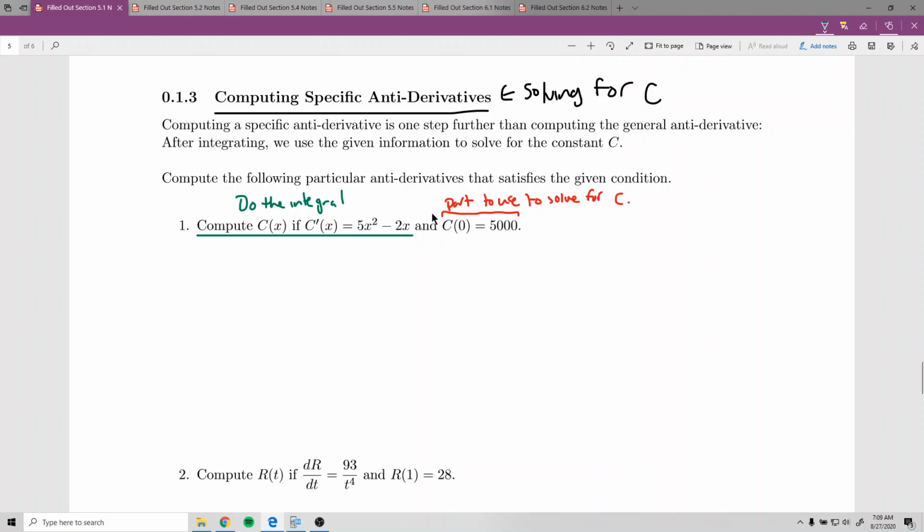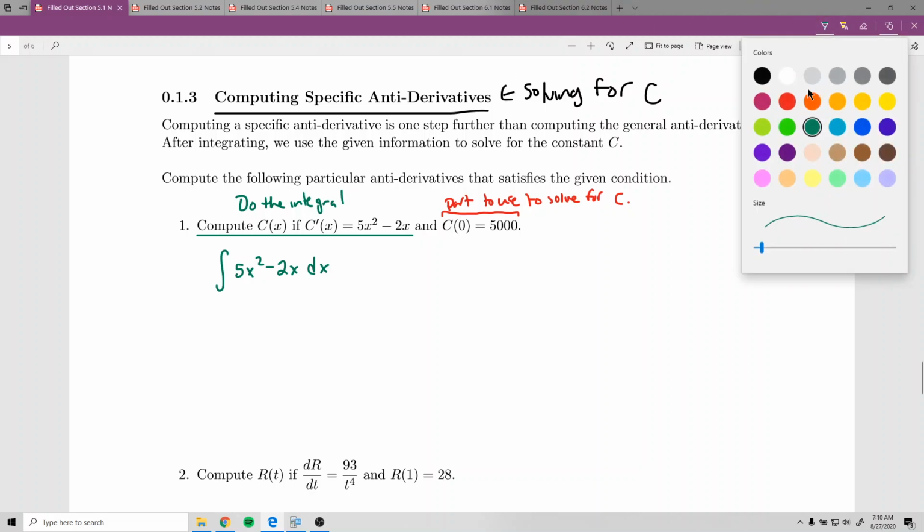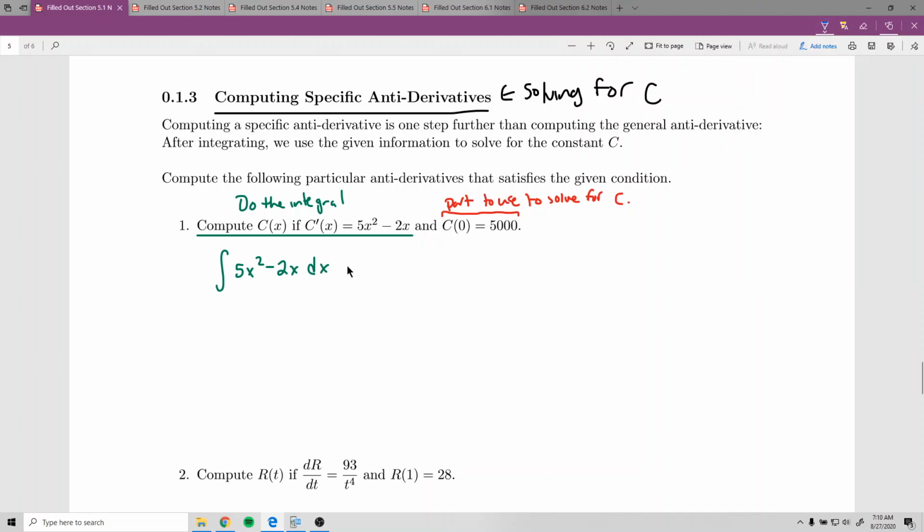All right, so what I'm going to do is just put this on the back burner because we won't be able to solve for C until the end anyway, and just do this part. So C of x, we want to integrate the derivative. We want to integrate 5x squared minus 2x dx. Once again, if you're comfortable with just integrating from here, by all means, do that. But I'm going to split it up.